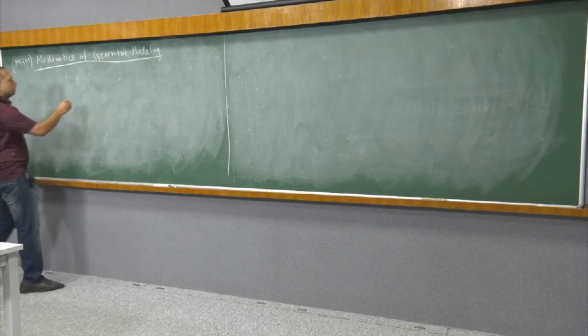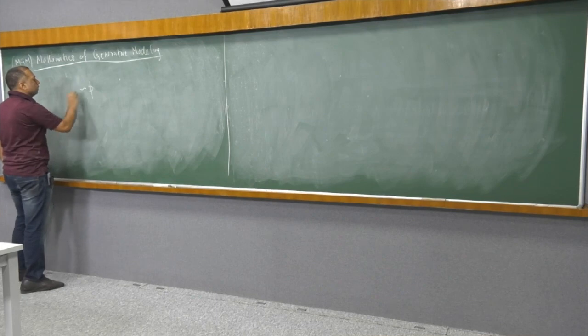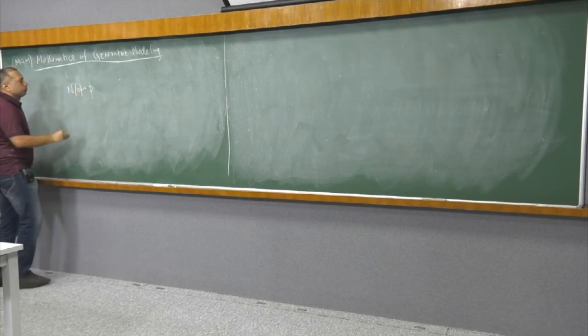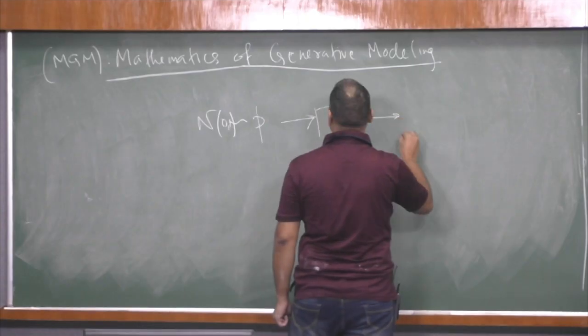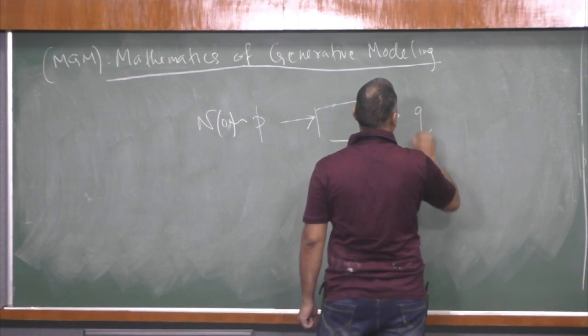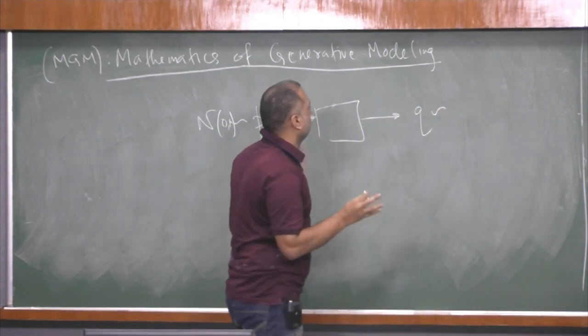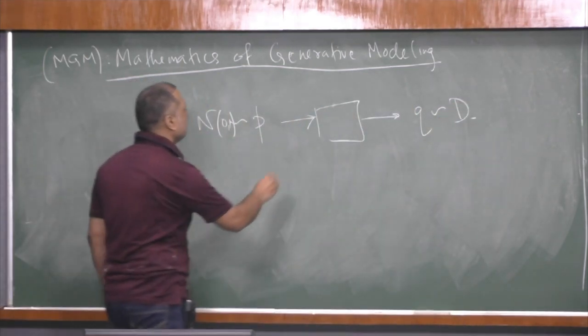And if I have to write in one word what this course is about, it may not be something standard to say, but maybe I will do something like this. Okay, and here is the distribution that I want, and this is some model that I have.